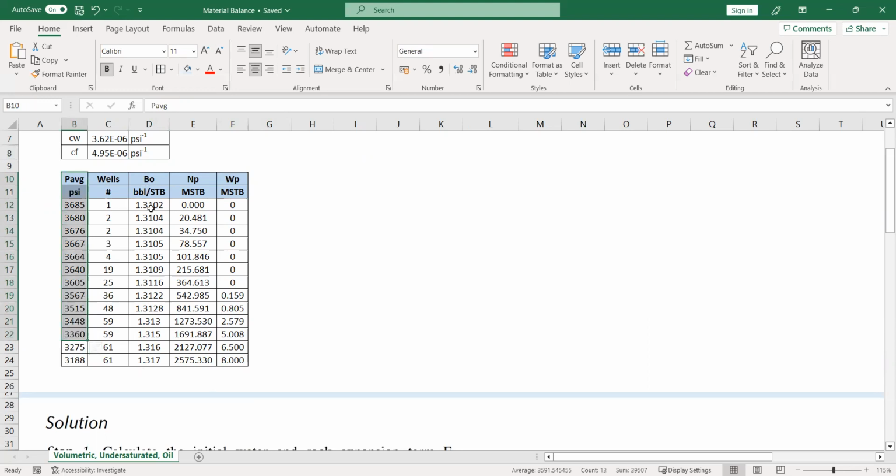So we know the historical oil formation volume factor, the cumulative oil production, as well as the cumulative water production. And again, it's very important to note that this is a volumetric reservoir, at least that's the first assumption.